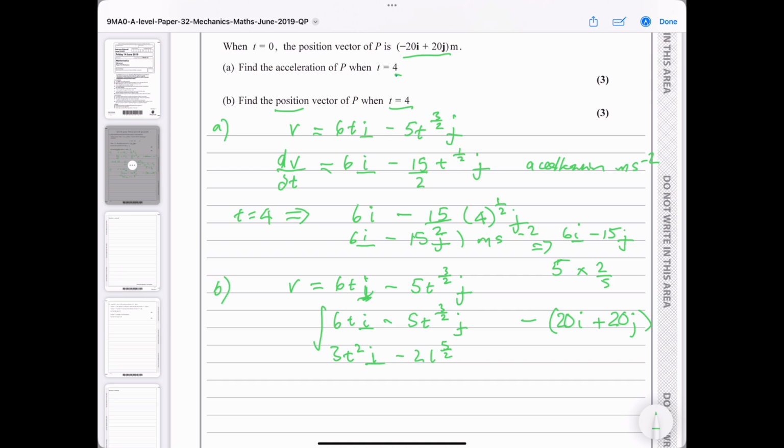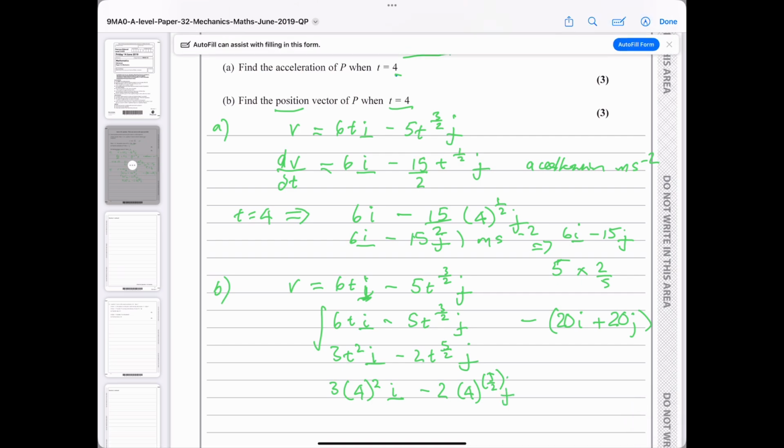So 2t to the 5 over 2 j. That's our integral. Then if we pop in the 4, we get 3 times 4 squared i minus 2 times 4 to the 5 over 2 j. And then we've got to sort out the other bit after that.